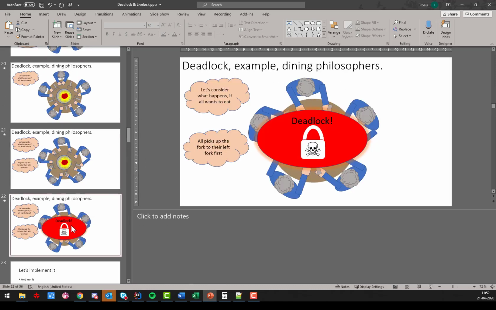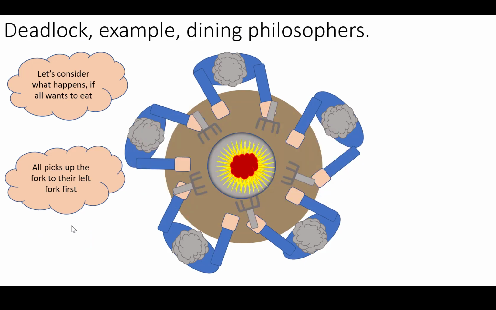If this guy does not pick up the left fork, but wants to pick up the right fork first, then he will see that it's already in use, so he cannot proceed, and he will not pick up any forks at all. The left fork will be free, and this guy can then pick up the left fork, eat, and put down his right, and then that guy can pick up the left fork, eat and put down the right one, and so on.